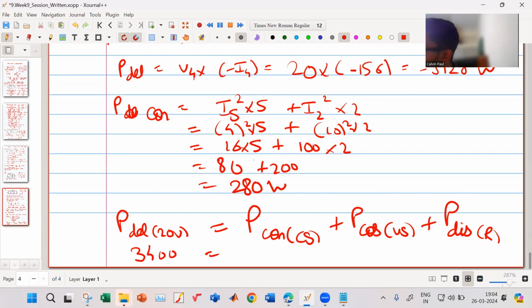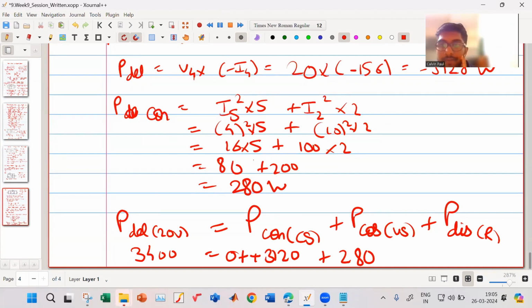Power consumed by the current source is 0, across the voltage source it is minus of minus, so plus 3120 watt, and across your resistors it is 280. This way also you can solve. It is conservation of energy, or power.